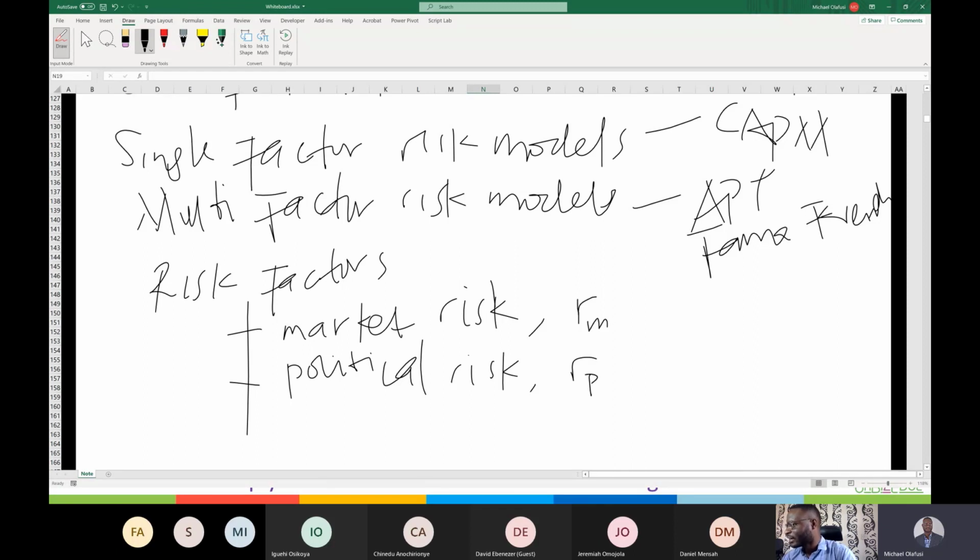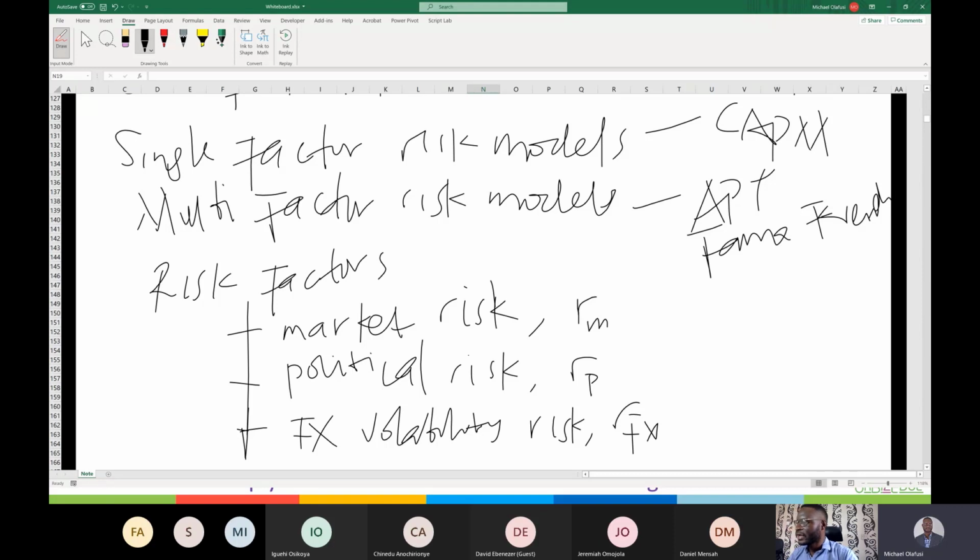There are all kinds of risk that deal with the nature of the business you are in. So if you are exposed to FX, you are going to have FX risk, FX volatility risk. We can call that RFX.